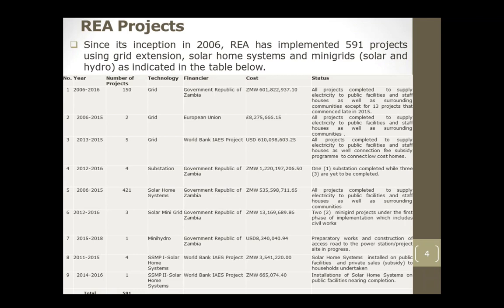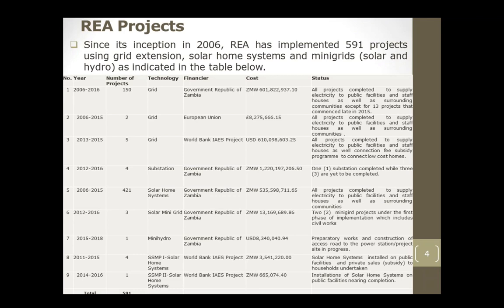There are 150, which were financed by the Zambian government at a cost of 600 million 822 937,000 kwacha. All these projects have been completed to supply public facilities and staff houses as well as surrounding communities.